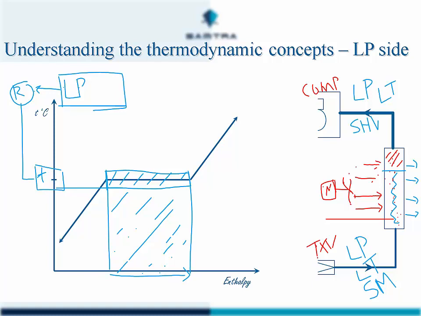The last part of the evaporator was superheating, and just like for subcooling, the same applies for the superheating. We need some kind of temperature sensor to measure the pipe of the evaporator outlet, and with that temperature we will plot it on the temperature enthalpy chart, and it can only be warmer. It can either be the same as the saturation temperature or warmer.